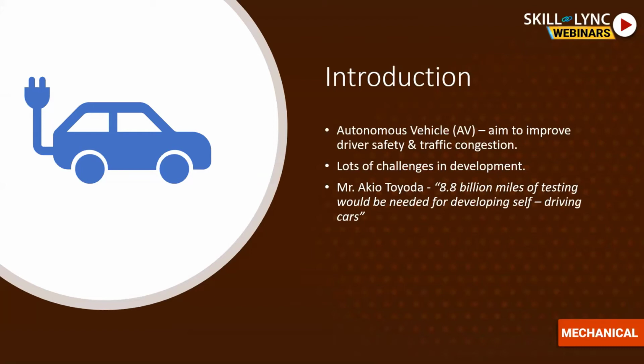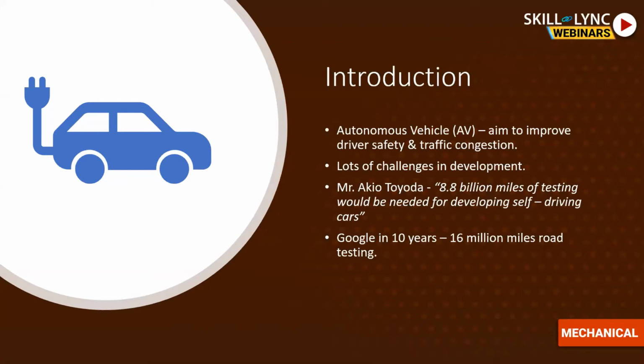So 8.8 billion miles is a big number. Just to give you an idea of how big this number is, in the last 10 years, Google's self-driving car project, Waymo, has traveled 16 million miles on road. If we just take this rate, it will take more than 200 years just to prove that we are capable of achieving that.